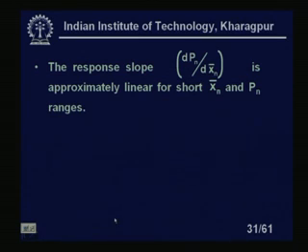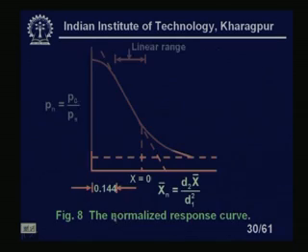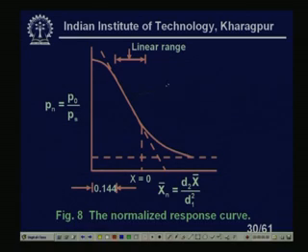Now, the response slope dPn by dxn is approximately linear for short xn and Pn ranges. This slope is dPn by dxn, and it gives the response of the flapper nozzle system.